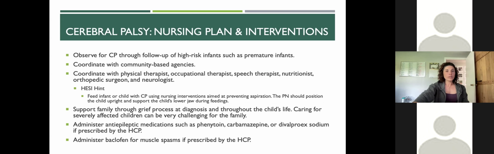So we want to make sure that we keep a close eye on our infants, especially our high-risk infants like our premature babies. We want to get all of our resources involved, coordinate with community-based agencies, those in the hospital, whatever resources we can get for parents. They're going to be involved with every type of therapist that you can think of: physical, occupational, speech. They're going to have a nutritionist to maximize their nutrition.